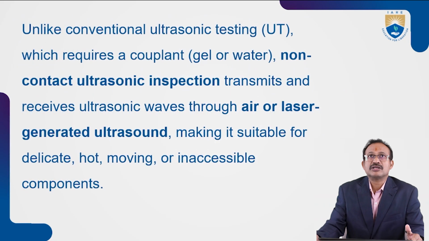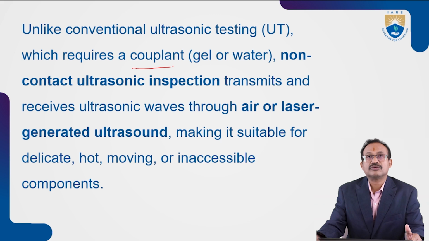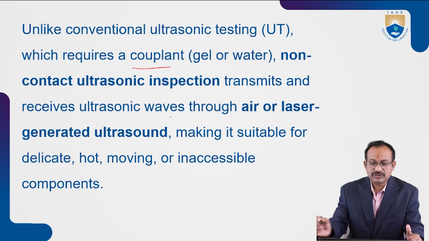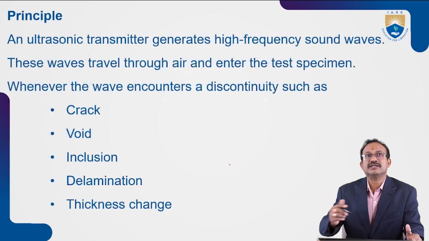Unlike conventional ultrasonic testing, that is UT, which requires a couplant, that is nothing but gel or water, non-contact ultrasonic inspection transmits and receives ultrasonic waves through air or laser generated ultrasound, making it suitable for delicate, hot, moving or inaccessible components, where it is very difficult to access by other means. Here, ultrasonic inspection method is the way.